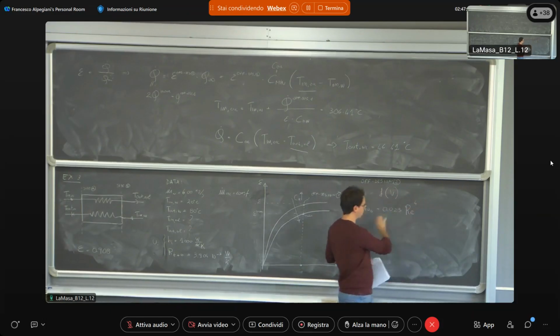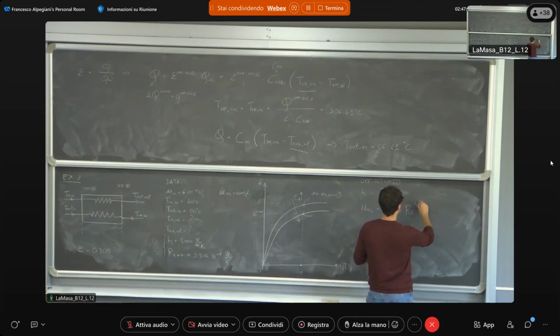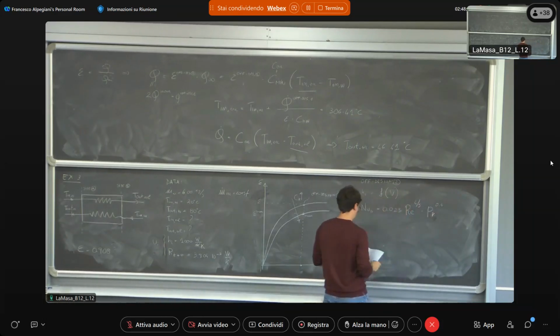These are empirical correlations, okay, at the power of 4 divided by 5 times the Prandtl number at the power of 0.4.